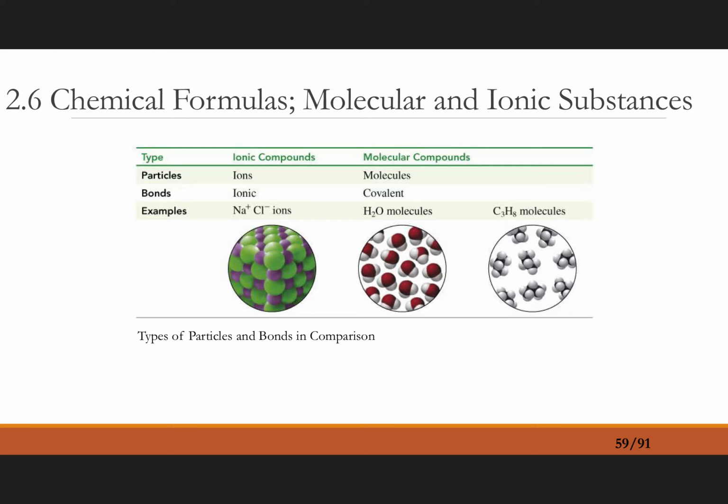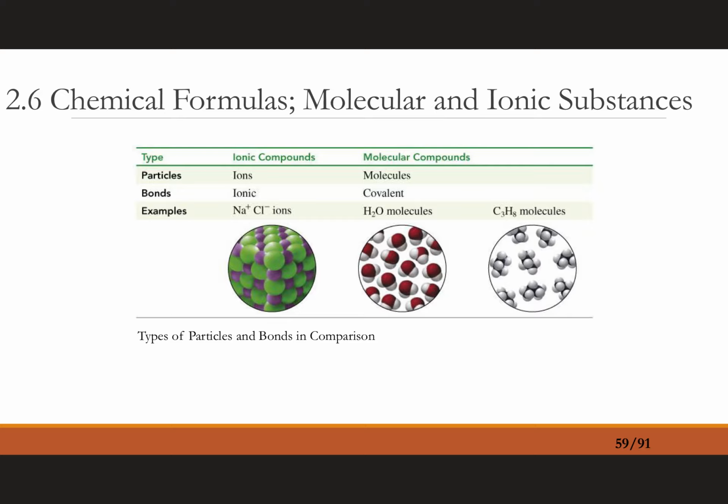All right, so here's a table comparing ionic compounds and molecular compounds. You see the particle types for ionic compounds will be the ions. For molecular compounds, you have molecules. The bonding type in ionic compounds is ionic, and that would be just opposite charges attracting each other. Whereas in molecular compounds, you have covalent, and that's where the sharing comes in.